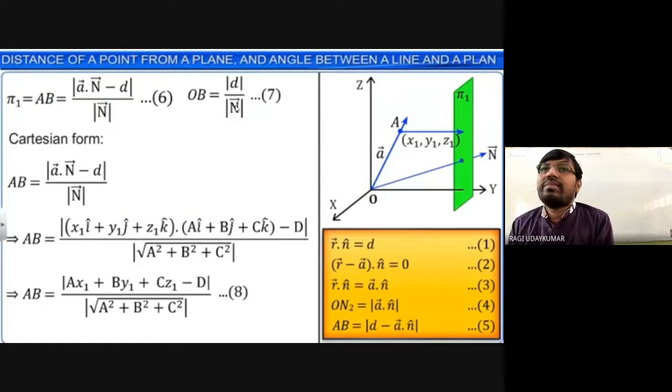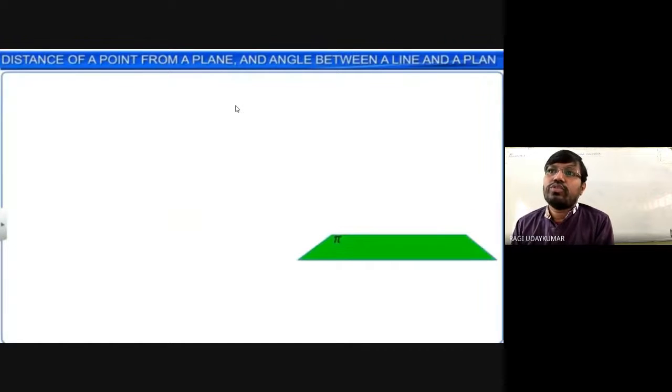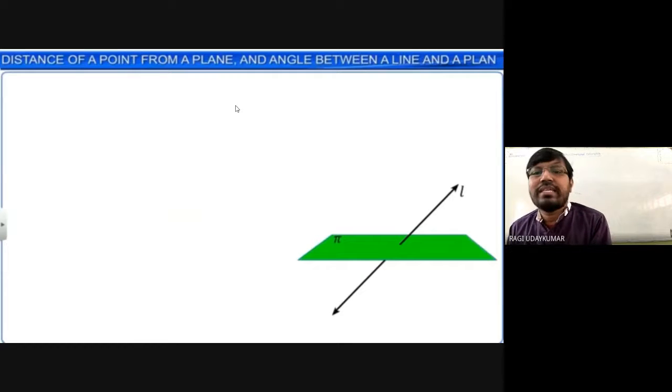In the equation of the plane, in place of x you substitute x1. So it is very simple here to find the distance; when I explain problems, you can easily understand.